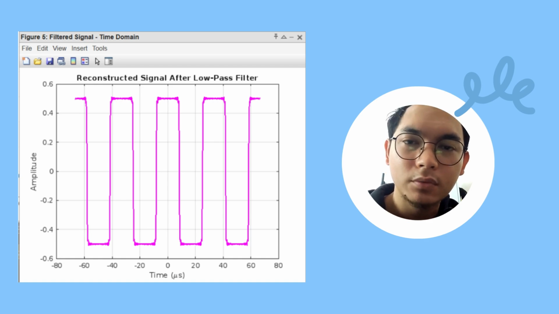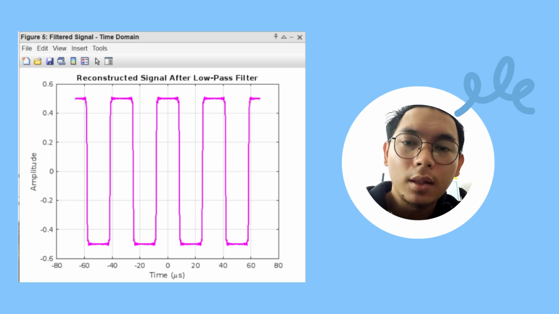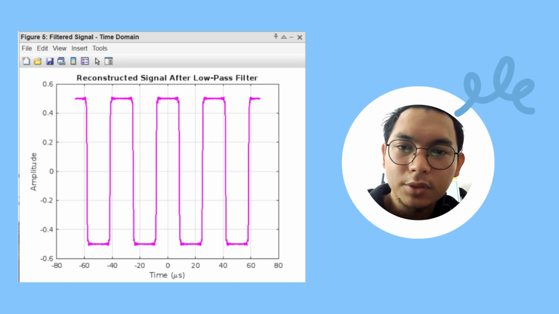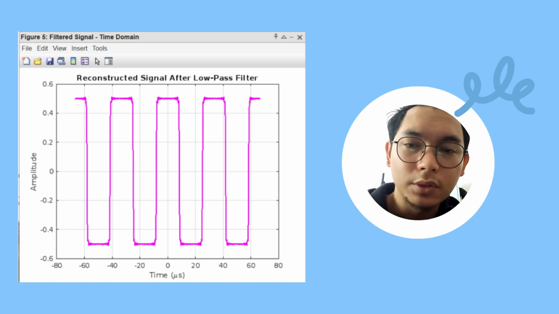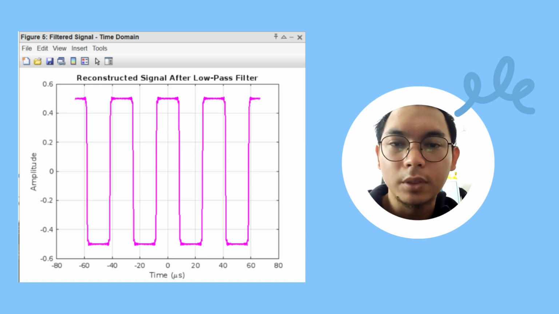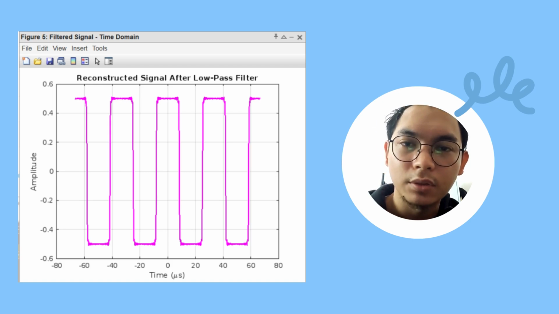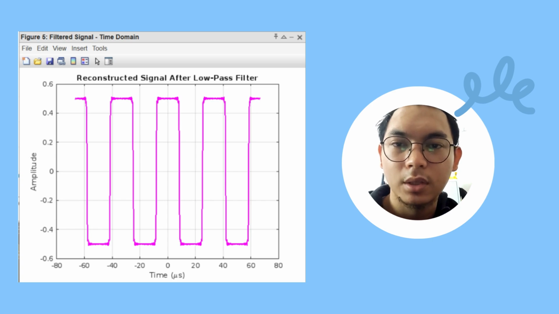The low pass filter with a cutoff frequency of 520 kilohertz allows the lower frequency harmonics to pass while reducing the contribution of higher ones. As a result, the waveform becomes more rounded and less ideal, illustrating the relationship between frequency content and time domain signal characteristics.